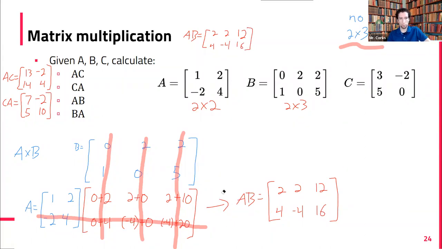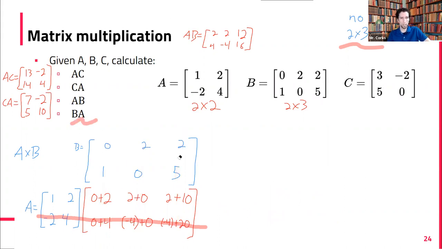So we are going to do this one more time. And for our last one here, B times A. So again, if this is your first time seeing matrix multiplication, please give me a guess. What do you think will happen? Now that we've seen that A times B works, what do you think will happen if we do B times A?